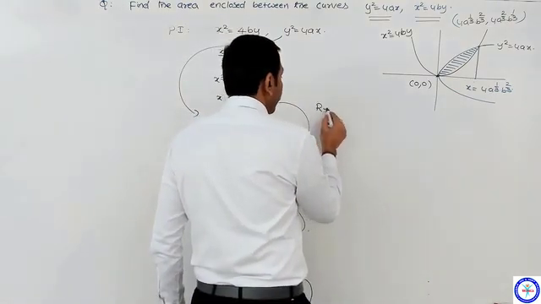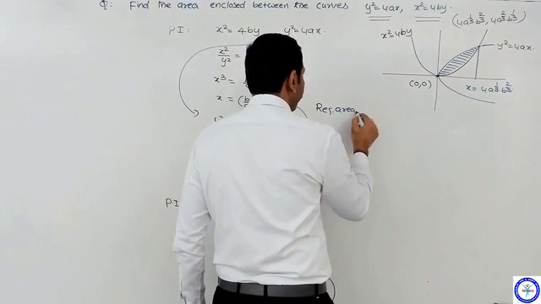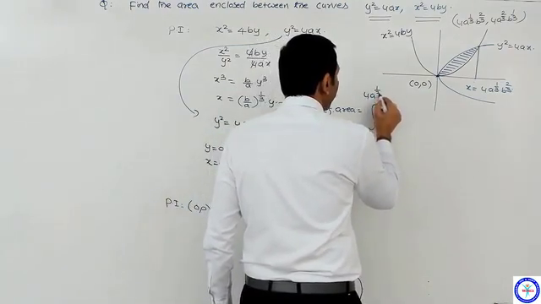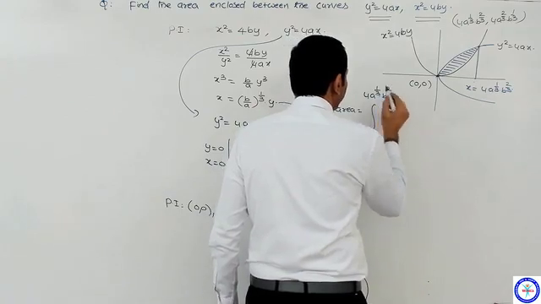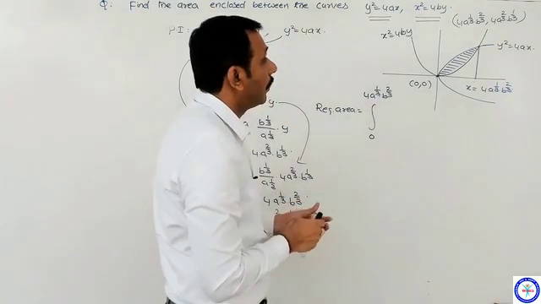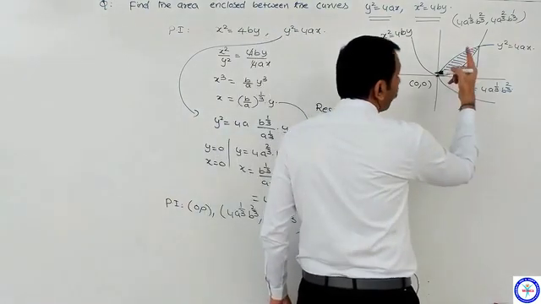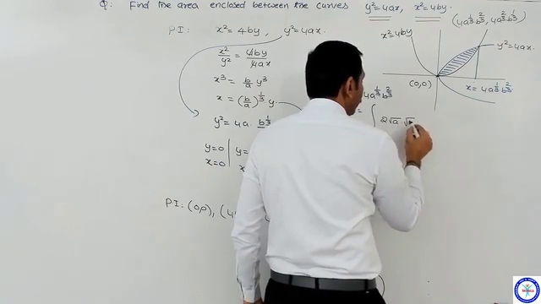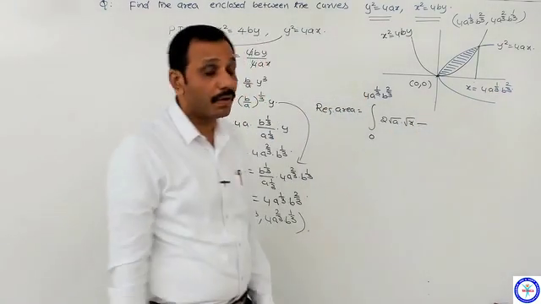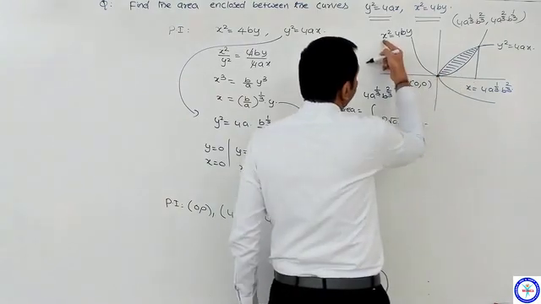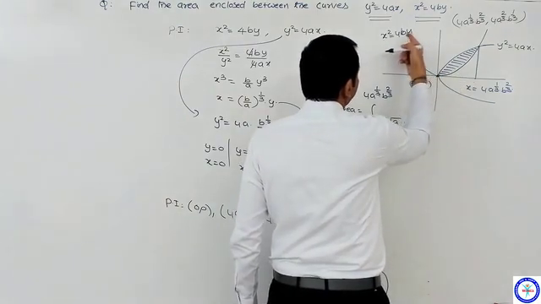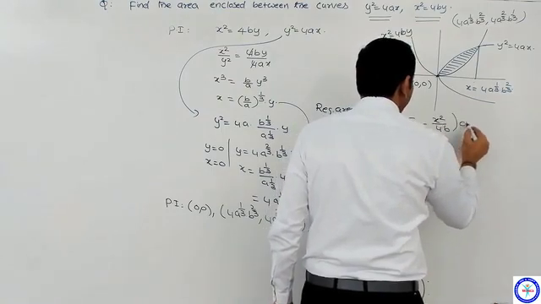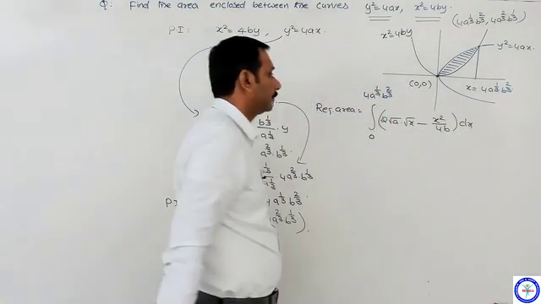Therefore, the required area is the integral from 0 to 4a^(1/3) b^(2/3) of the upper curve, y square equal to 4ax, y in terms of x is 2 root a into root x, minus the lower curve, x square equal to 4by, means y in terms of x is x square by 4b, dx.